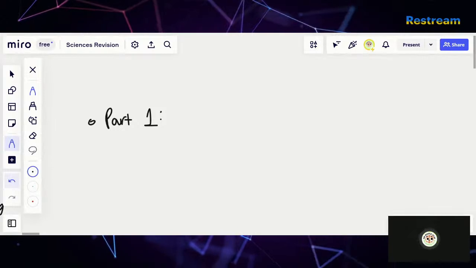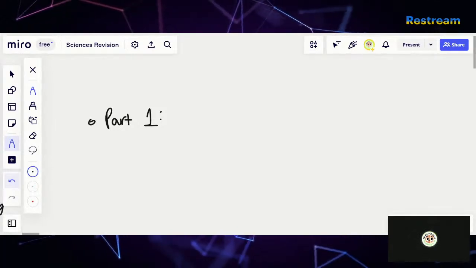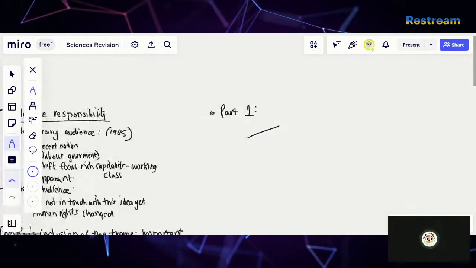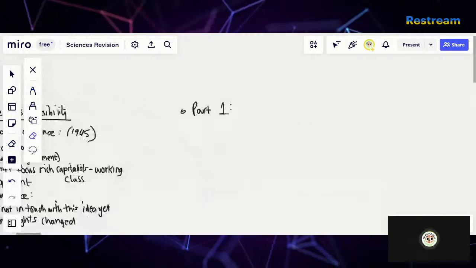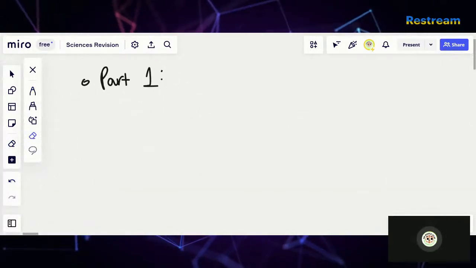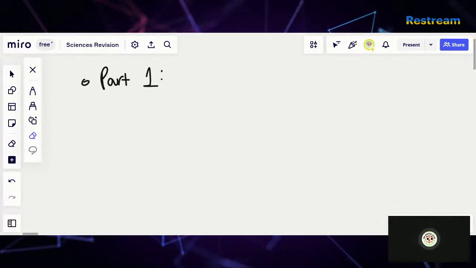So that's why I'm going to use part 1, collective responsibility. So we are asked, how successfully is the idea of collective responsibility? So not only the methods, but we have to comment on whether they were successful or whether they weren't successful.